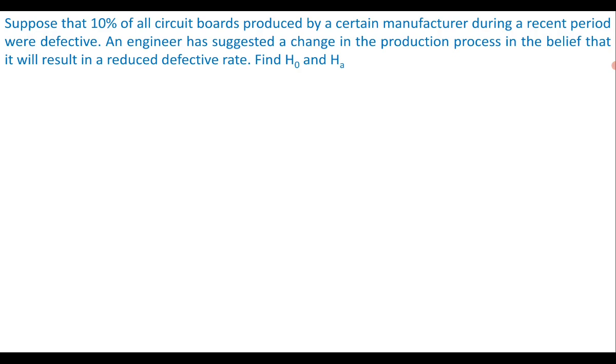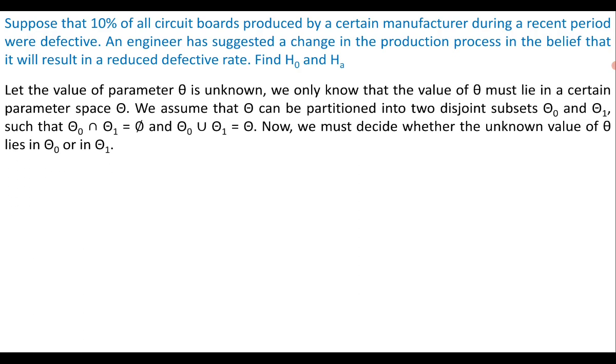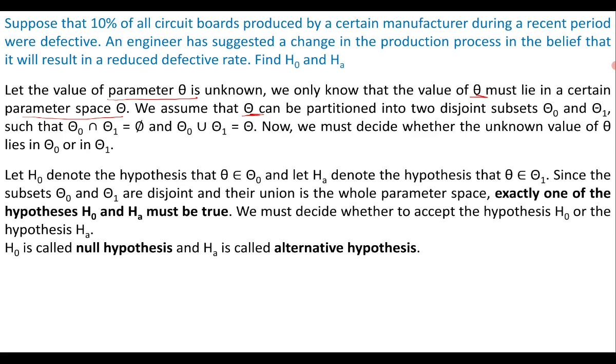What we have seen previously is that we have an unknown parameter, and it has some confidence interval, so that the value of theta lies in some interval. If you partition this interval into two subsets, then there are two possibilities: either theta belongs to one subset or the other subset.